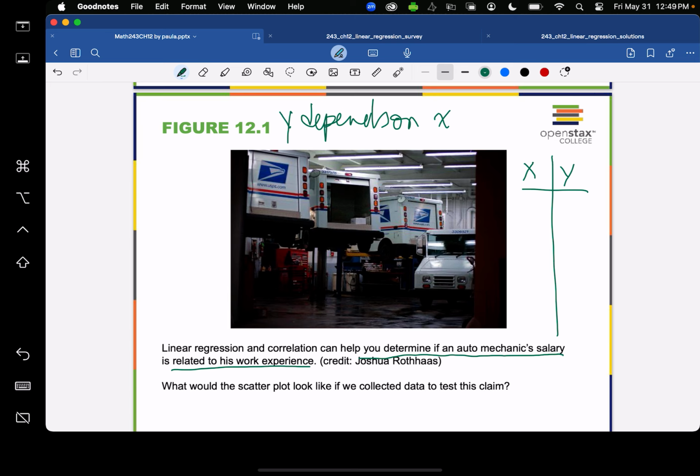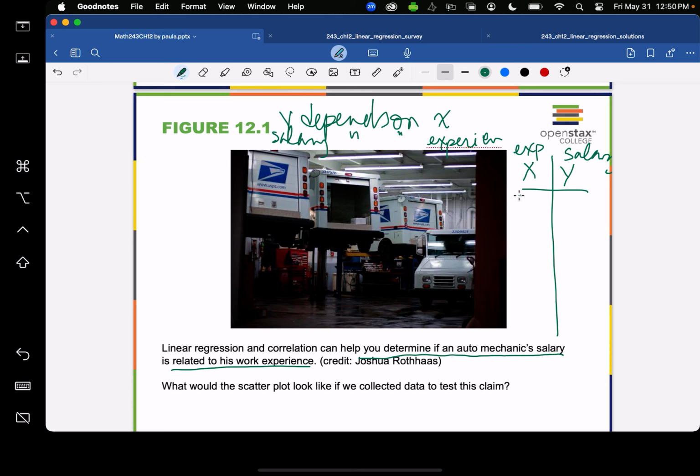Does salary depend on experience, or does experience depend on salary? I would say that salary depends on experience. So put experience in for X and salary for Y.